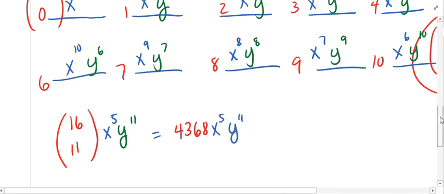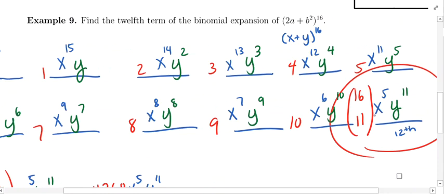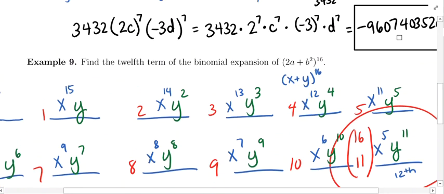Now that we've got the 12th term of (x plus y) to the 16th, we can convert this over. If we compare our two binomials, we're adding inside, so that's good. Everything's going to be positive. We don't have to worry about the signs.